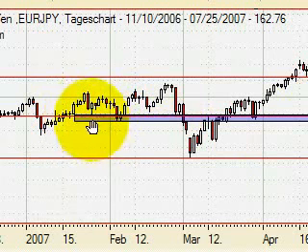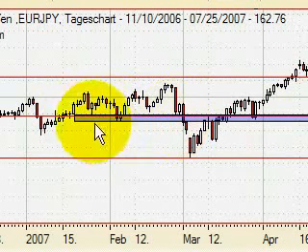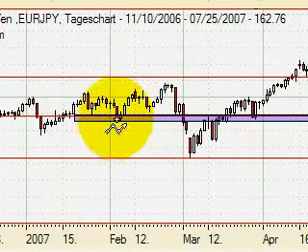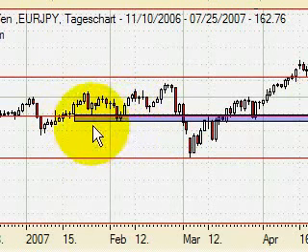Well, since this is not an exact line the price bounces off, this is called a support zone, or an area, which usually means there's like a 10 pip area the price usually bounces off.